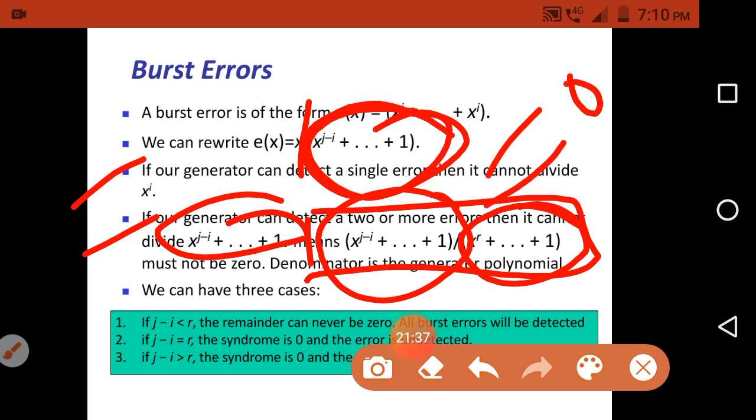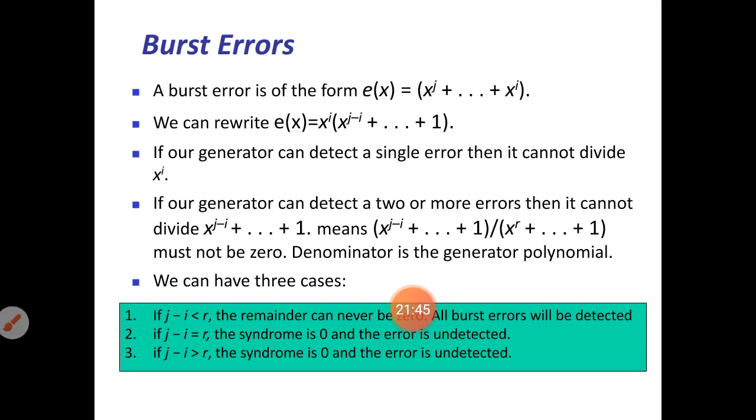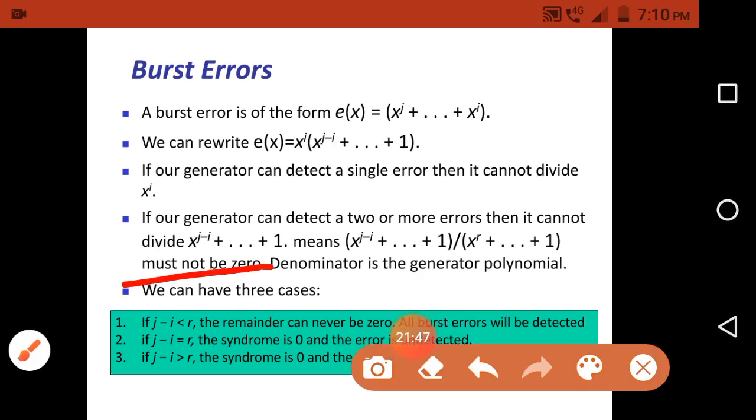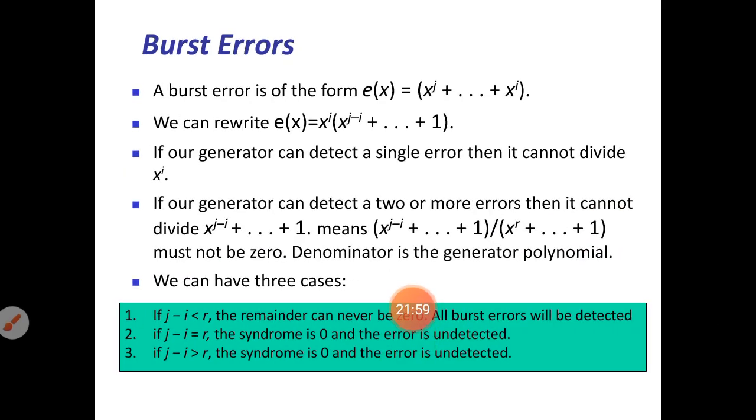If the remainder is 0, then it cannot detect the burst errors, two or more errors. If the remainder is not equal to 0, then it will detect the two or more errors. The denominator is the generator polynomial.